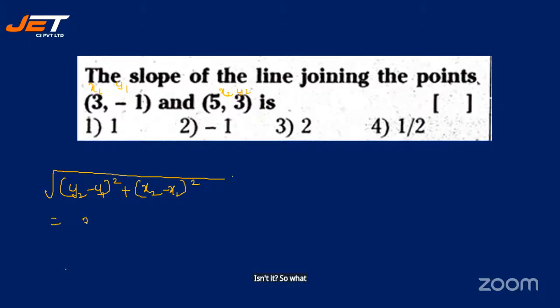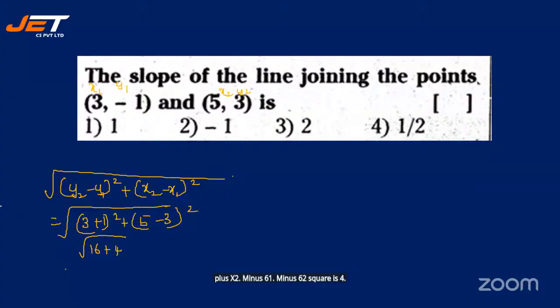So what is y2? 3 minus of minus 1 is plus 1, plus 5 minus 3. So 3 plus 1 is 4, square is 16. 5 minus 3 is 2, 2 square is 4.